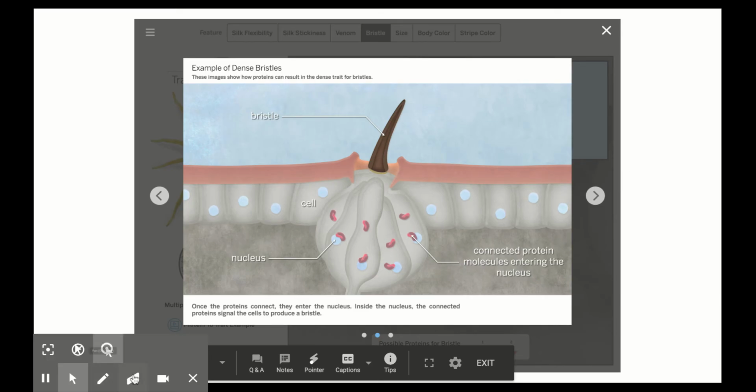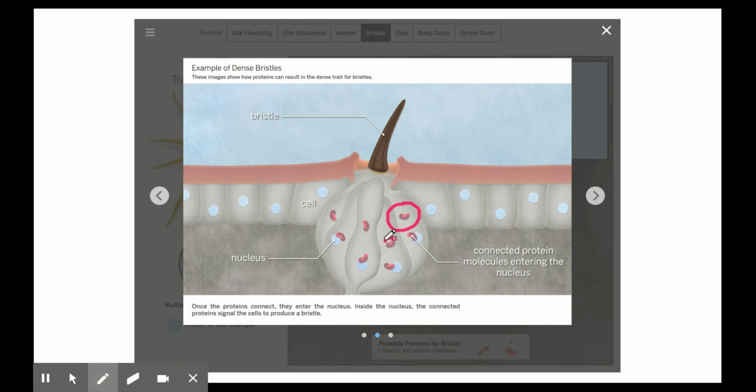And here, do you see it already? I hope you see it. You see they're connected, they're connected, they're connected, they're connected. We have more bristle, right? Because they're connected.